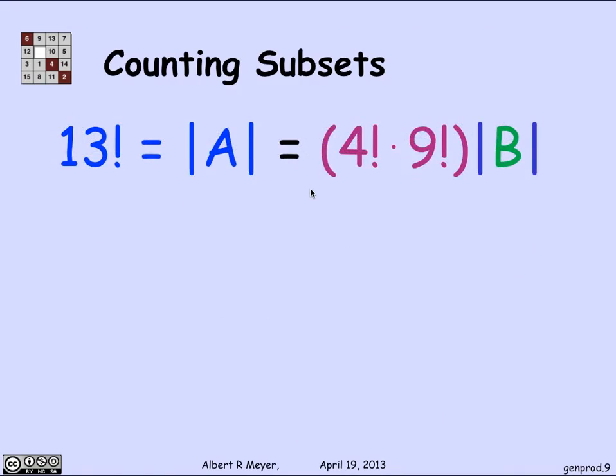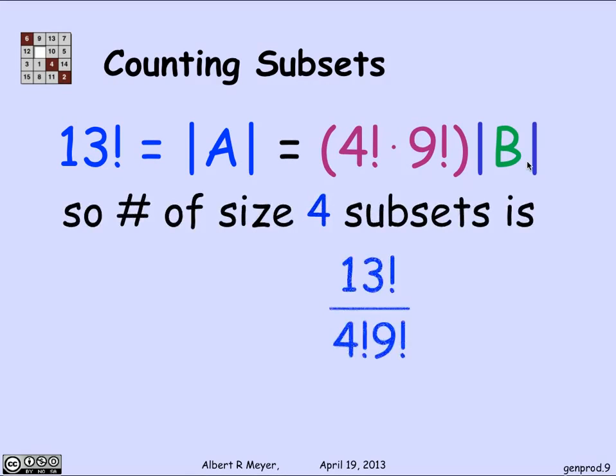And that means that by applying the division rule, I discovered that the size of A, which I know is 13 factorial, is equal to that k of the k to 1, 4 factorial times 9 factorial, times the size of B. B is the set of subsets of size 4 that I'm trying to count. And so what I get is that the size of B is simply 13 factorial divided by that k: 13 factorial over 4 factorial, 9 factorial.